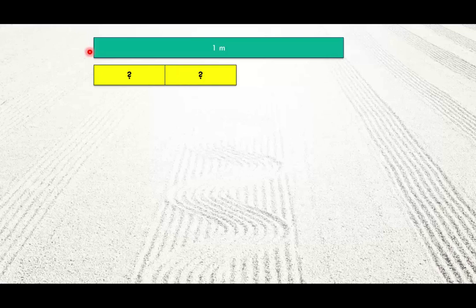So 1, 2, 3. Oops, we have a little bit more, but it's not 4. So the 1 meter is 3 times as much as this mystery strip, however, less than 4 times as much. So how are we going to do this?